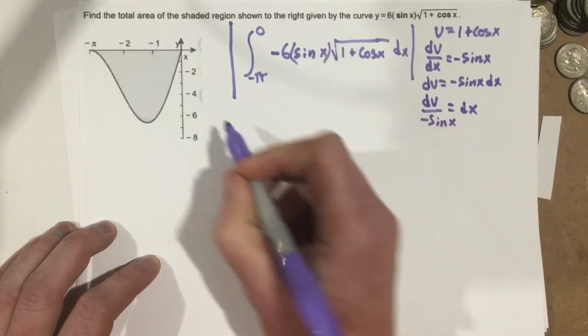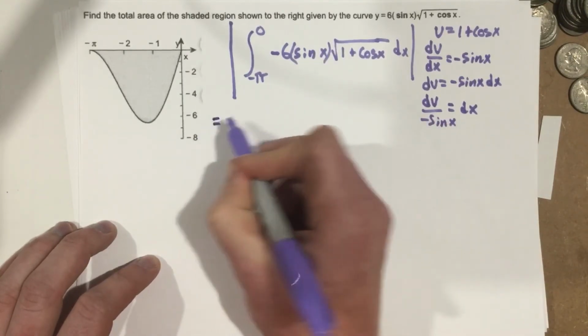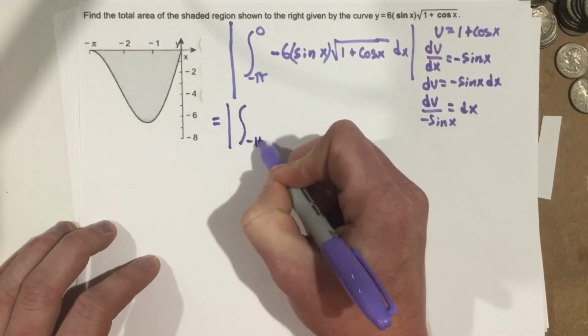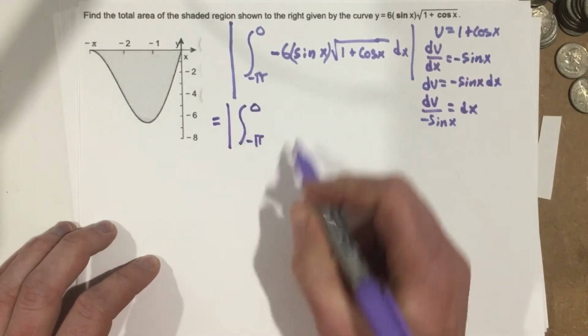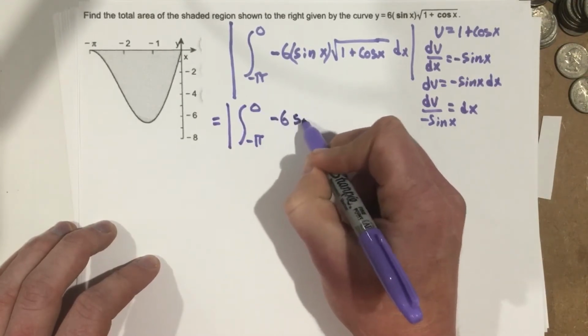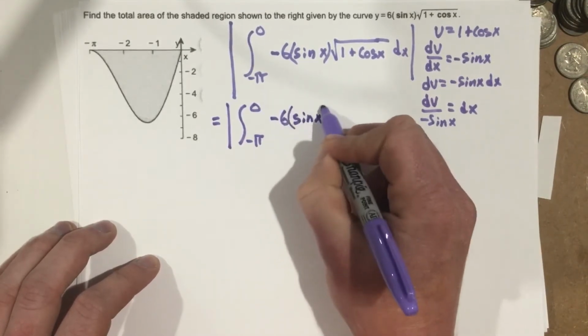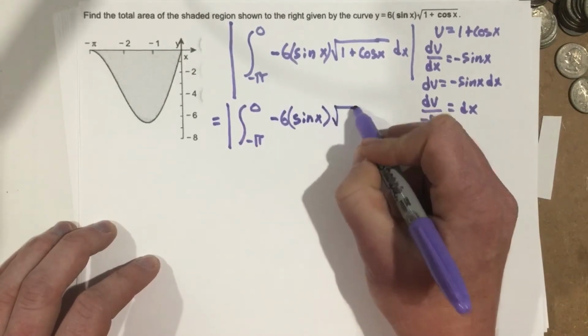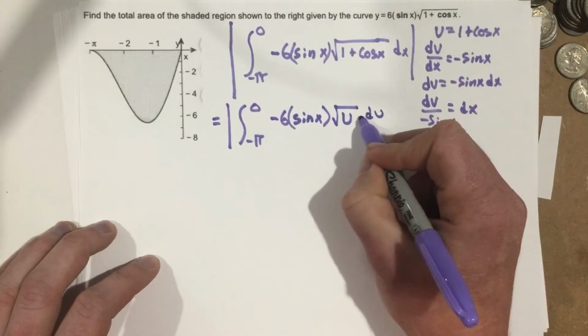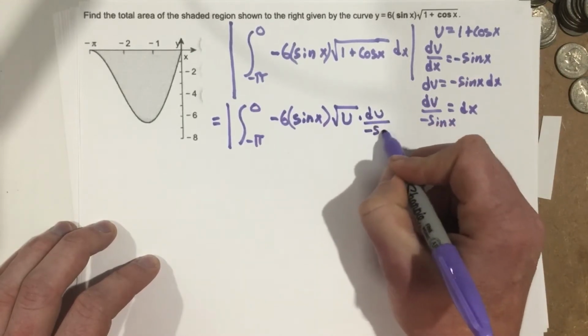We can plug all this in, so let's say that this is equal to the absolute value of the integral from negative pi to 0. We have negative 6 sine x root u, plug in du, so this is times du over negative sine x.